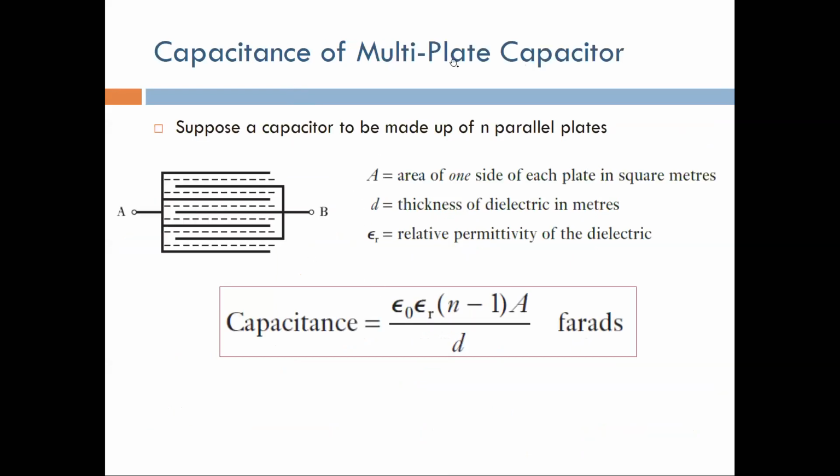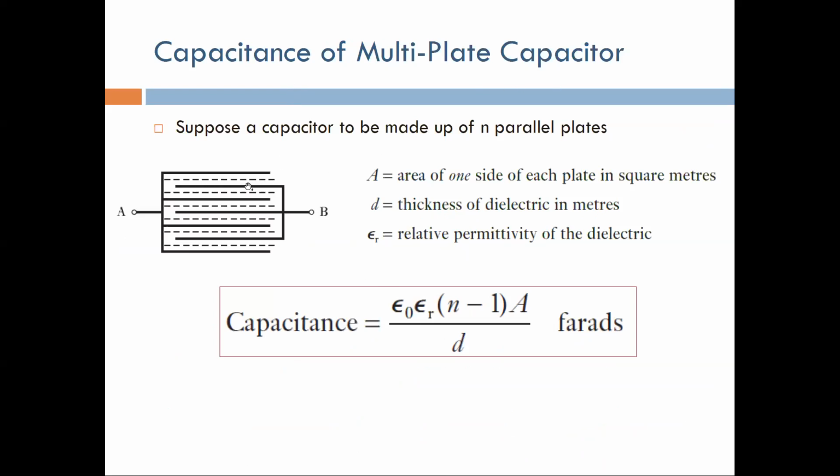If you have multiple plate capacitors like this, for example, basically you will have capacitance between each two of the plates that are shown. So basically this will act as multiple capacitors connected. You have capacitance between these two, and you have capacitance here, here, here, and so on. And given that you have one end here and one end there, this plate is connected here and this is connected there, basically they act like n parallel plates.